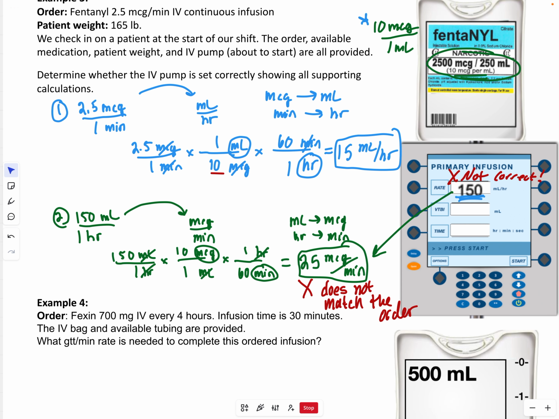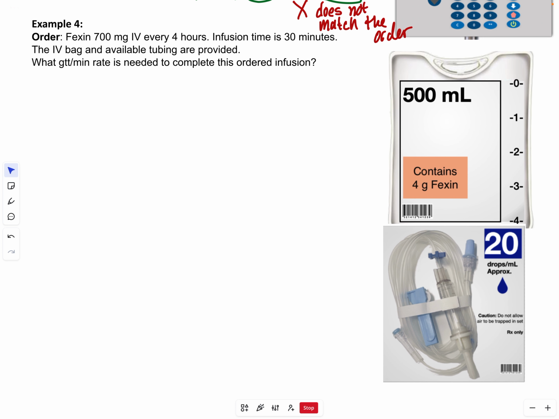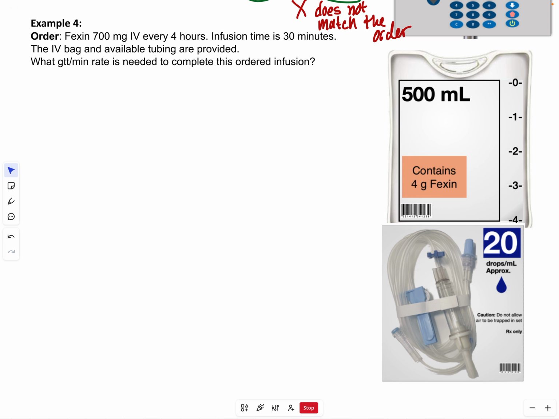In our last problem, this one tends to give students some challenges. The reason why is because they attempt to jump right into the calculation. We are given an order of Fexin. 700 milligrams needs to be given every 4 hours as a continuous infusion, and this needs to be infused in 30 minutes.